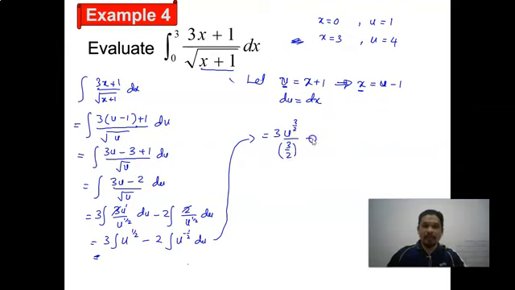Minus 2, and the integral of this means half plus 1, you come out with u to the power of 1 over 2 divided by 1 over 2.